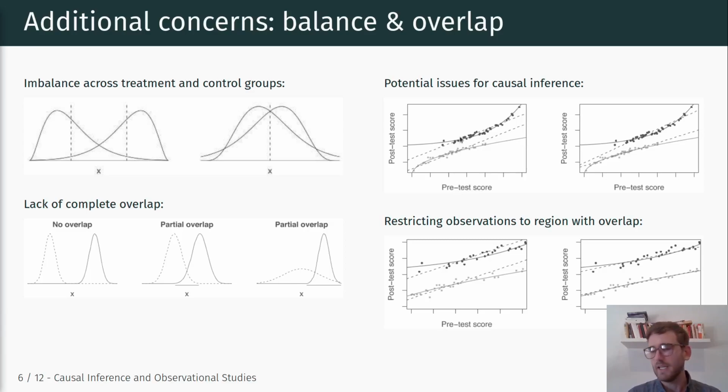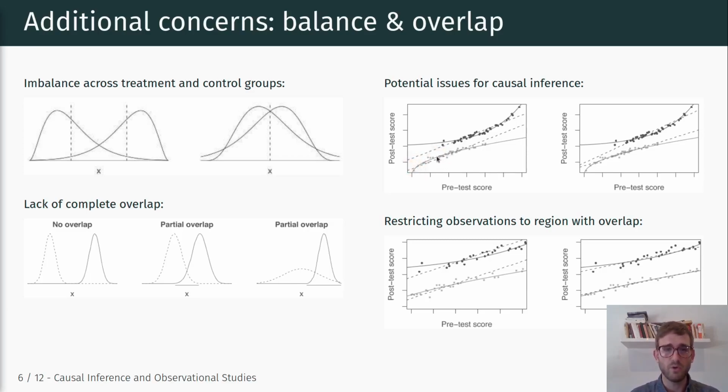Okay, and this is an example where if we look on the upper left here, we don't have complete overlap, in the sense that observations on the lower left here with very low pre-test scores only ever ended up in the control group, so they never received this treatment.